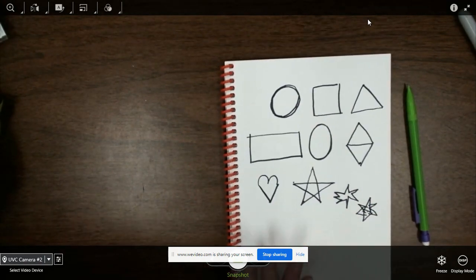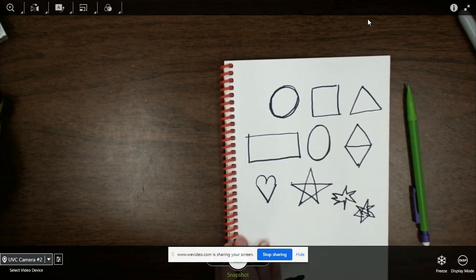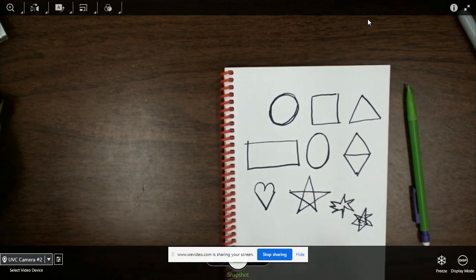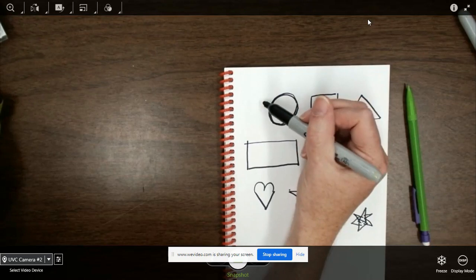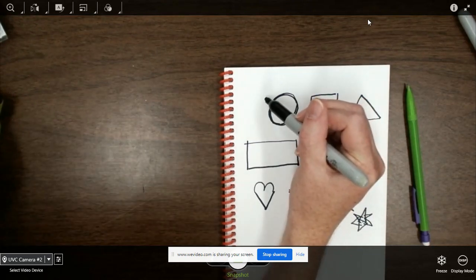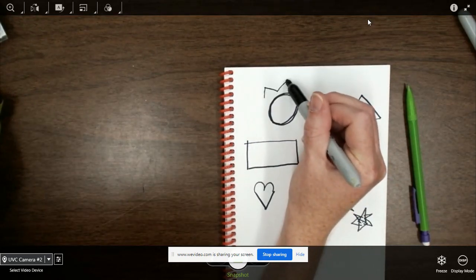All right, so what could we do with these shapes? Well, we can turn them into things. We can turn this circle into a sun with a zigzag line.